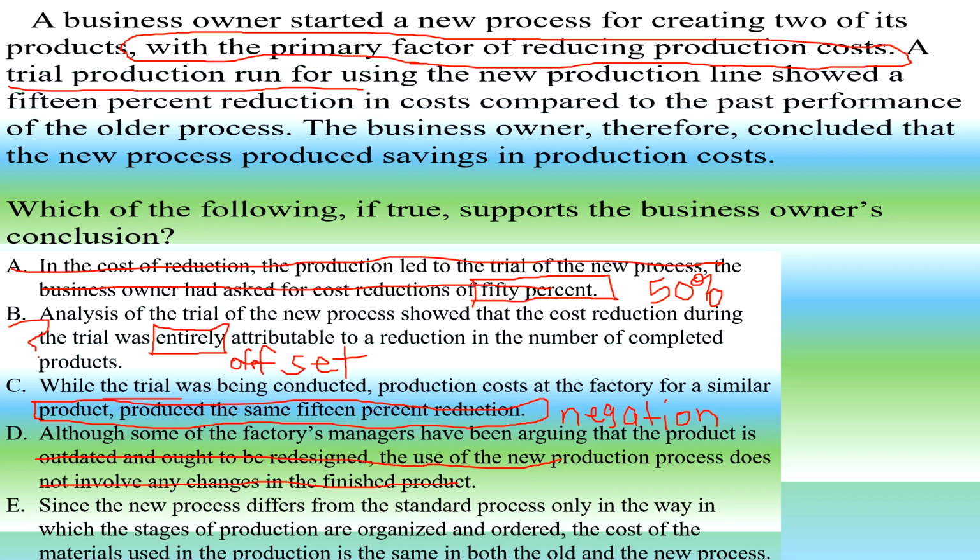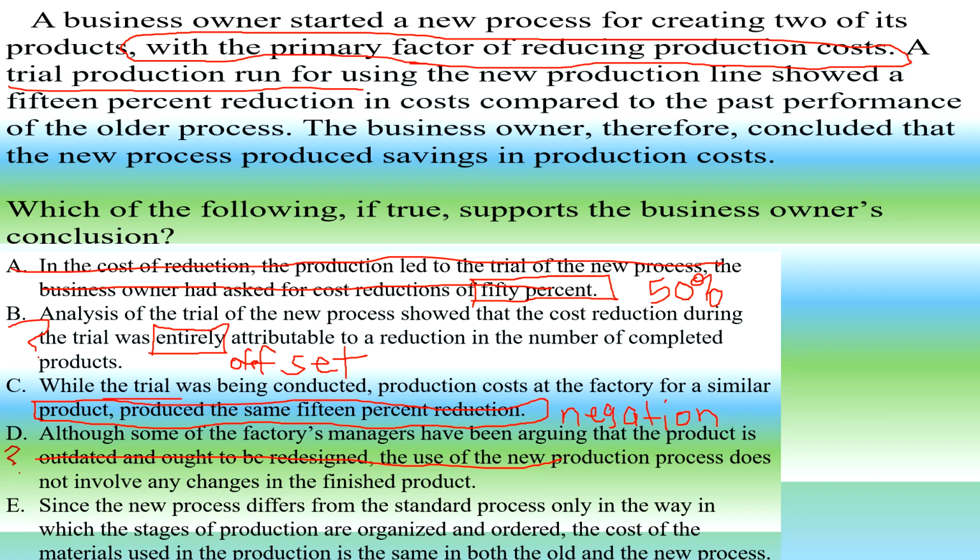Okay, and so if there aren't changes, it might be that it is possible the product is outdated and ought to be redesigned. The outdated part doesn't matter, but it doesn't involve any changes in the finished product. This is what's going on here. You don't want any changes. So this is possible.